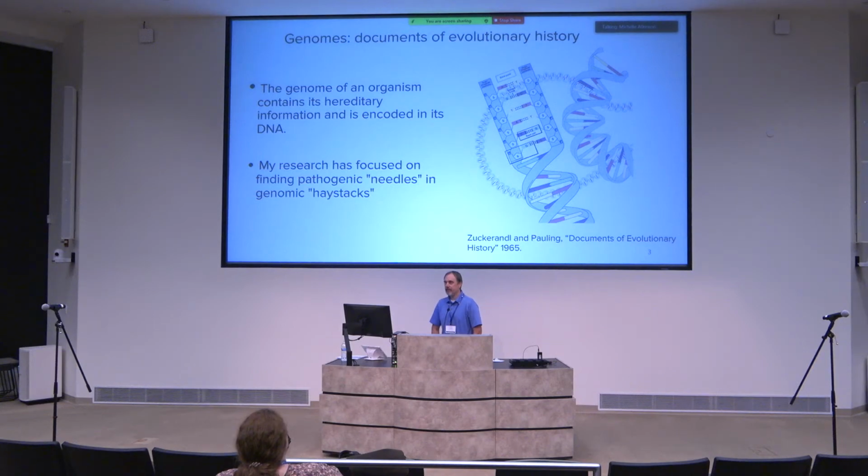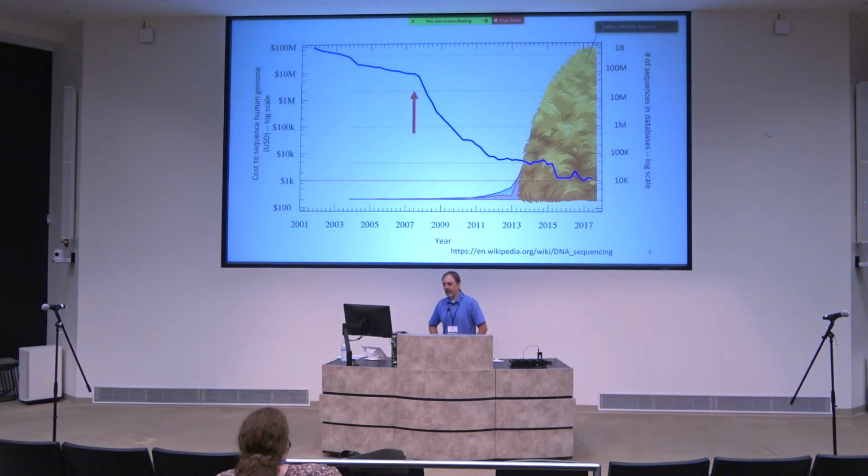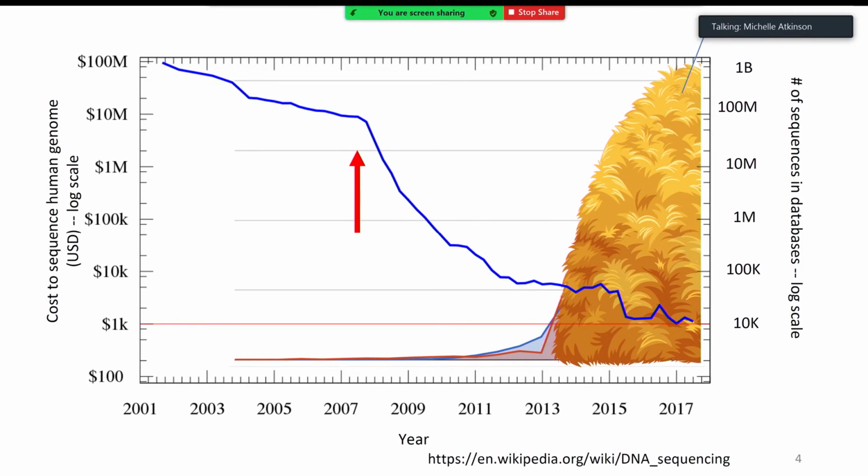In addition, a lot of what I've done now that we have haystacks of genomic data, given that the costs to generate sequencing data have dropped, is trying to identify things that are hidden in this volume of data.